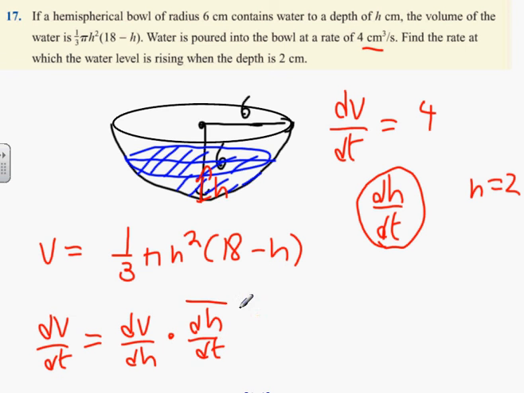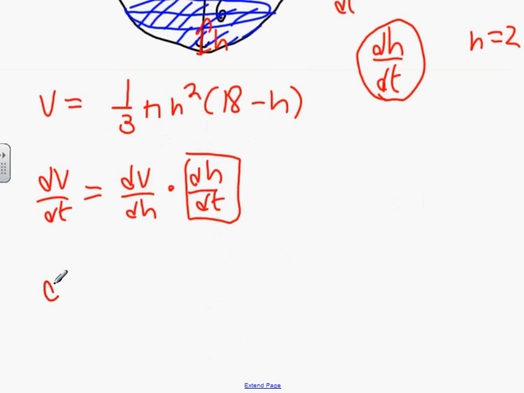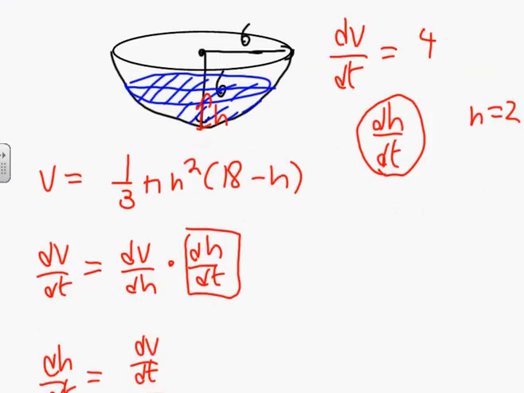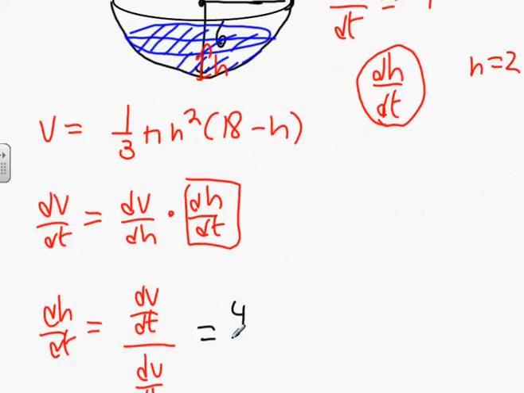What's the point of the question? So, dh/dt ends up to be dV/dt divided by dV/dh. Okay, we know dV/dt already, don't we? dV/dt is 4.